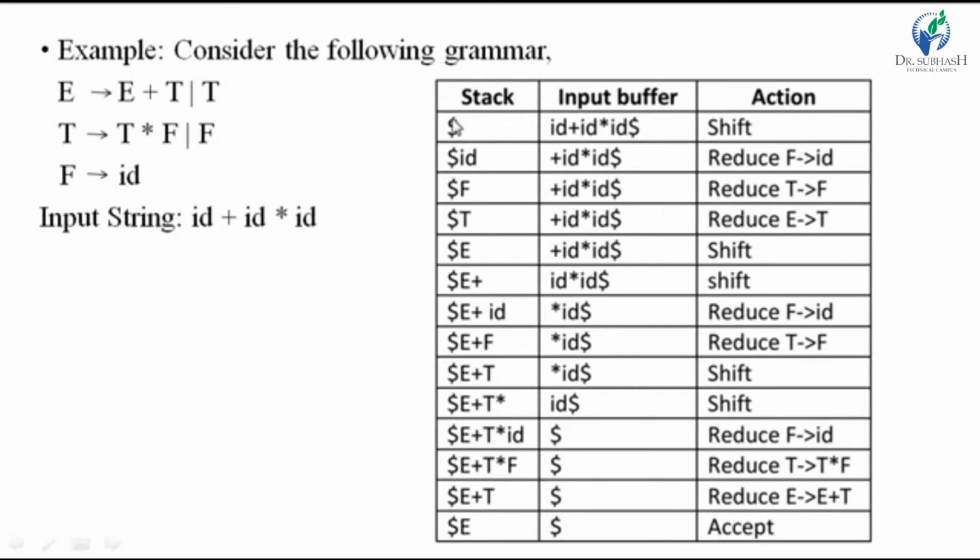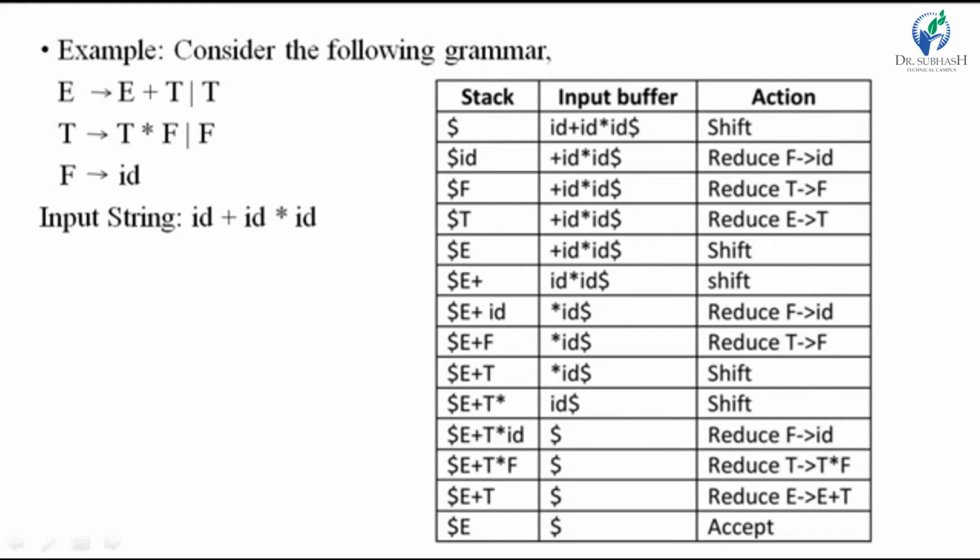First start with the $ sign in your stack, then your input string which is id plus id into id, and at the end of the string you have to put the $ sign. Now pass this input to the stack, then move either shift or reduce. If you can get your starting symbol, then this string will be accepted by this grammar.